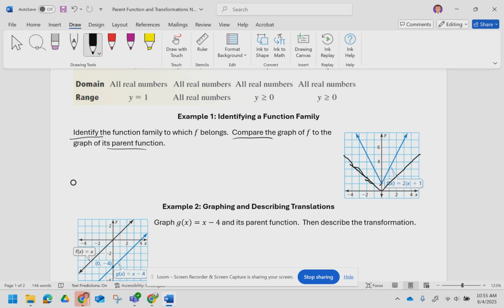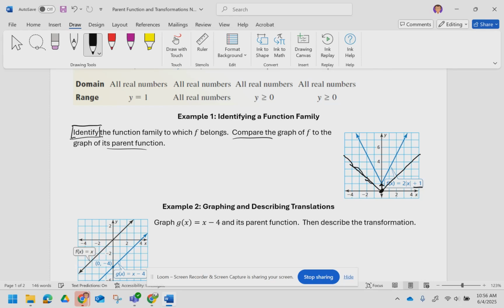The first thing I notice is that center point, the tip of the V. Notice that it's about 1 up. Also, look at our equation with a +1. It looks like this has been moved. Well, actually, let's start with the first thing it asked us to do.